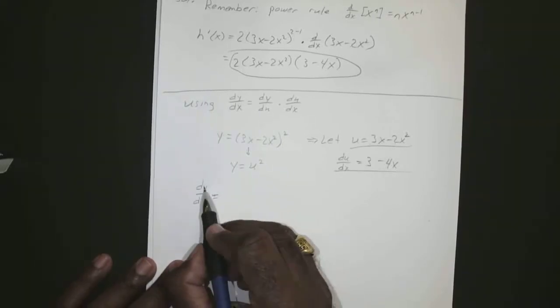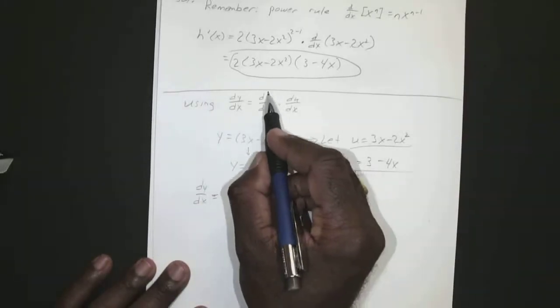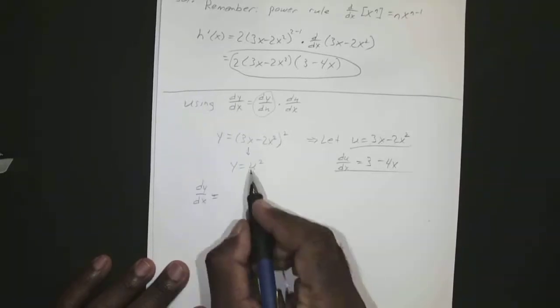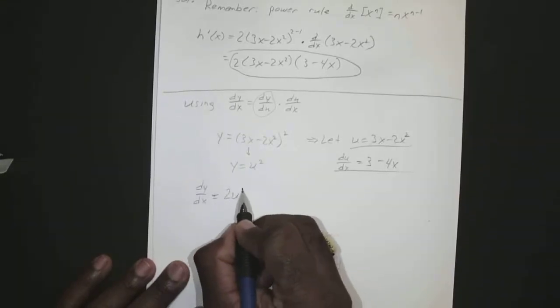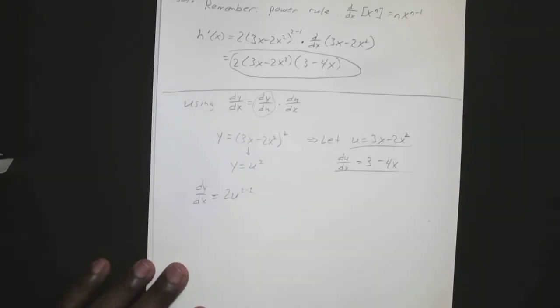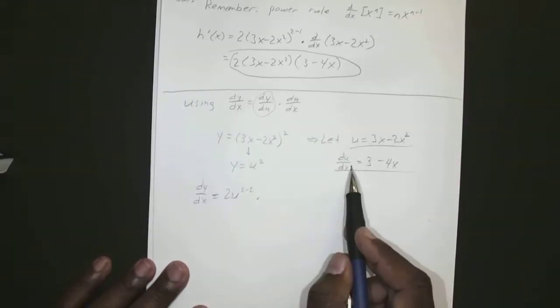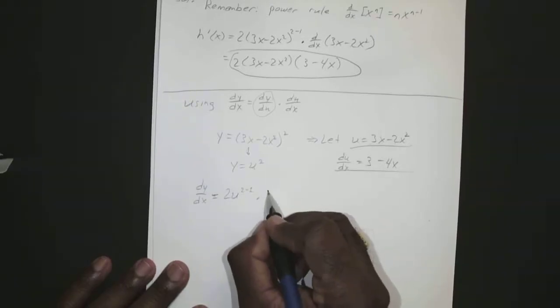So derivative of y with respect to u is just 2u to the first, times the derivative of u with respect to x, which is just 3 minus 4x.